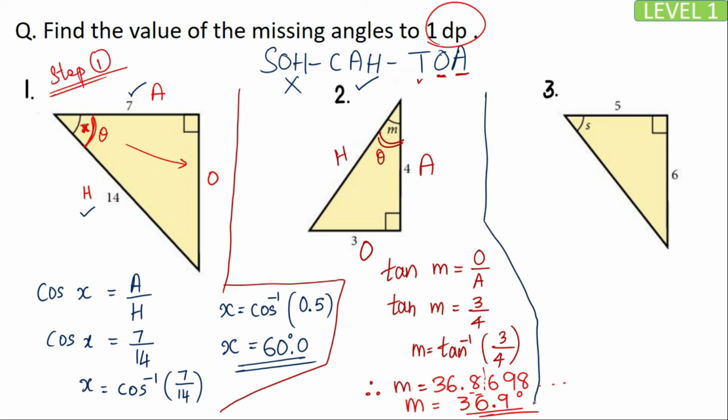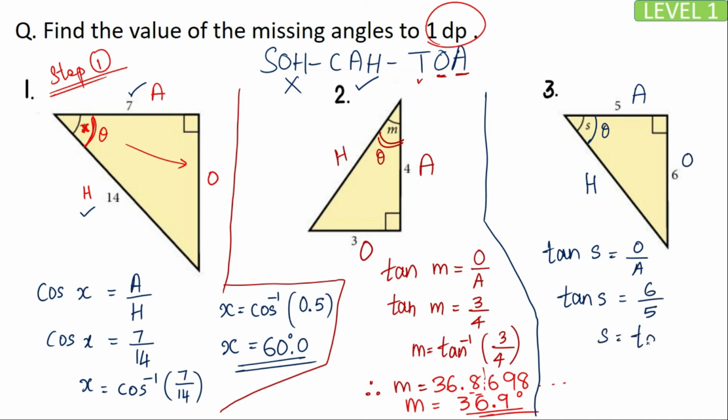Moving on to the next one. My theta, labeling H, O, A. So I have O and A again, so tan S is going to be opposite over adjacent. So tan S is going to be 6 over 5.